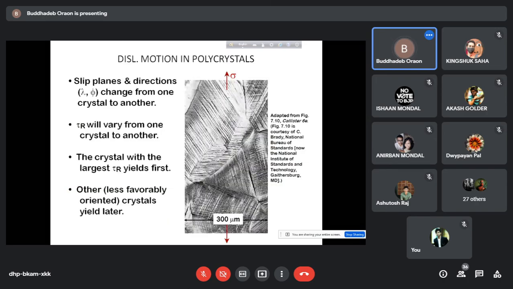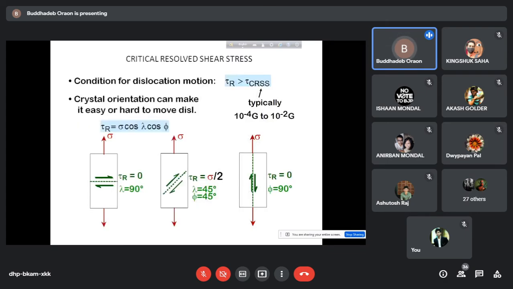If this slip plane is at a 45-degree angle, like here, that means lambda is 45 and phi is 45 degrees. For most ductile materials, this is the plane along which plastic deformation or slip normally takes place. So this is the value of tau_r, which is sigma by 2.